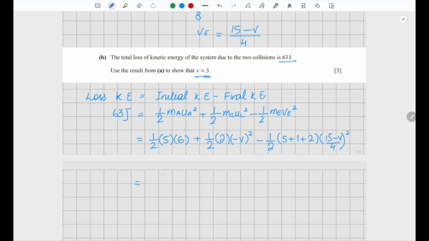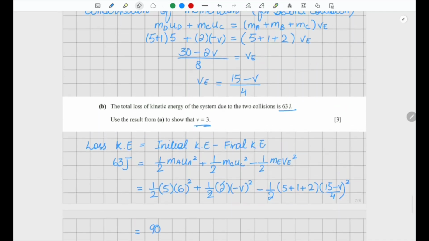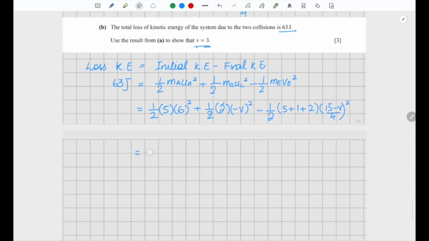So this first will become 90. 5 times 6, sorry, this is square, so 36 times 5 divided by 2, this will give you a 90, plus this 2 and 2 will cancel, so you will end up having v square, okay, minus half.